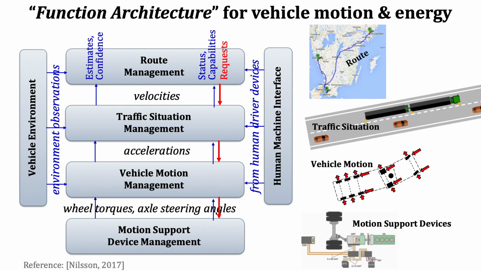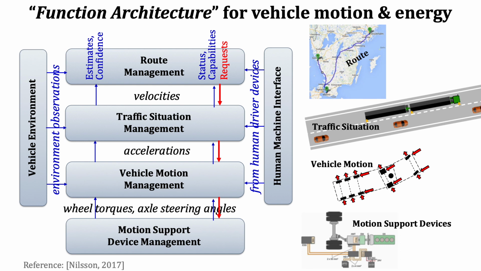These red arrows are some kind of request flow. And to handle this with automatic driving, we could see, okay, we need an input from the environment. And we probably also need an input from the human driver, unless we are really on the highest level of automation. The highest level is route management, where you need to plan the route.